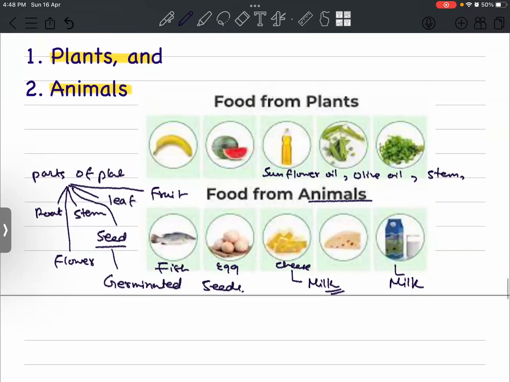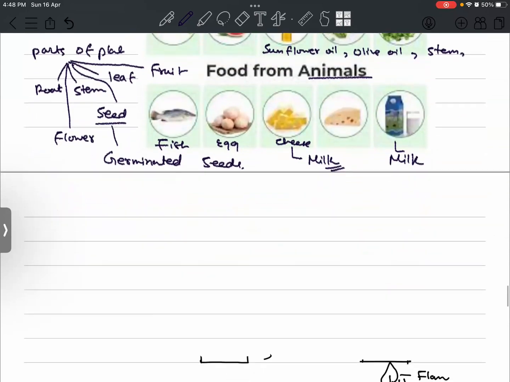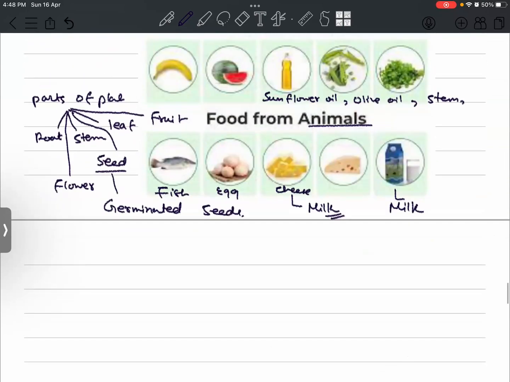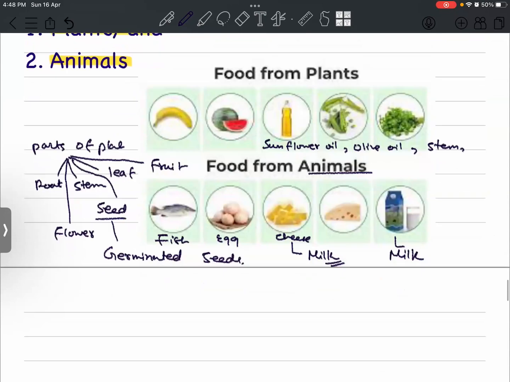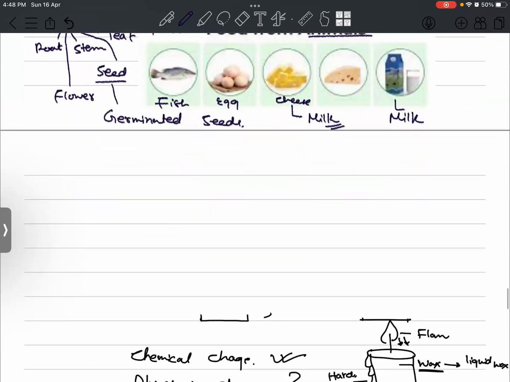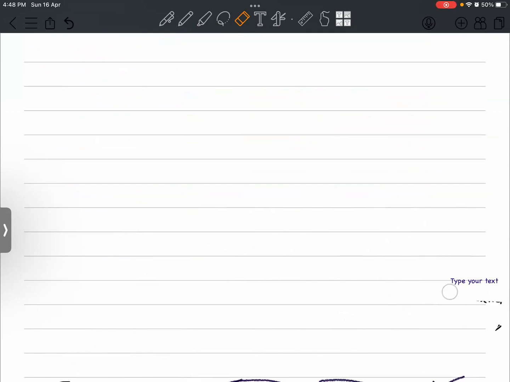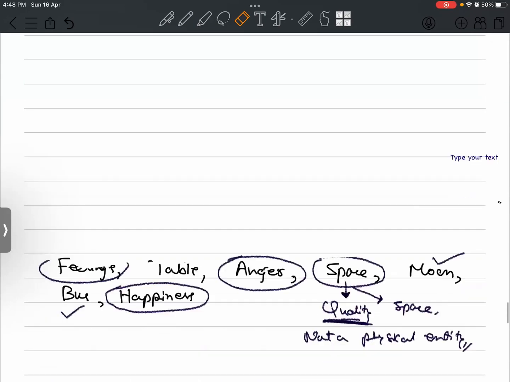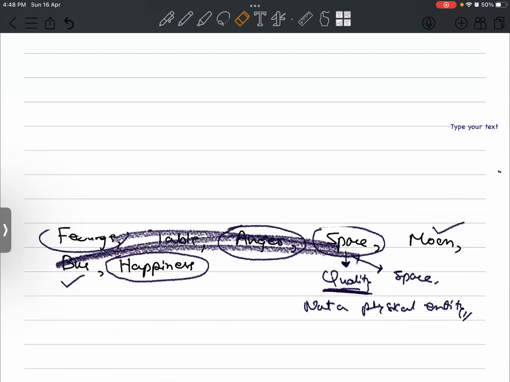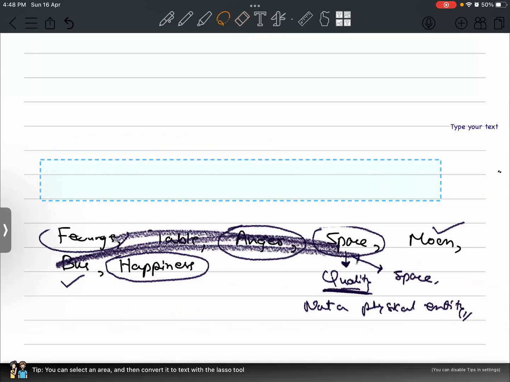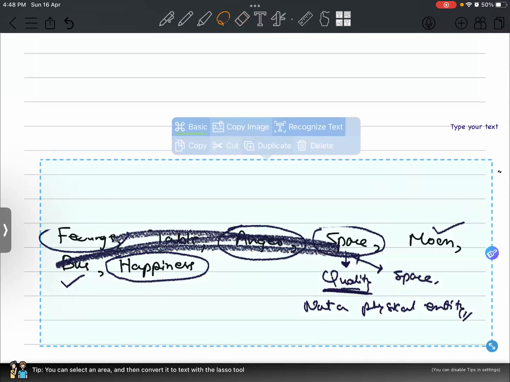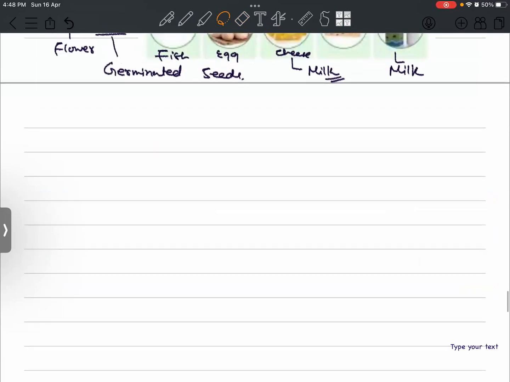Now let's discuss a little bit about how the plants produce food. You will also get to recall the concept. Have you studied about photosynthesis before? Yeah, have you studied about it? All that is not part of the chapter, but still we will touch a little bit.